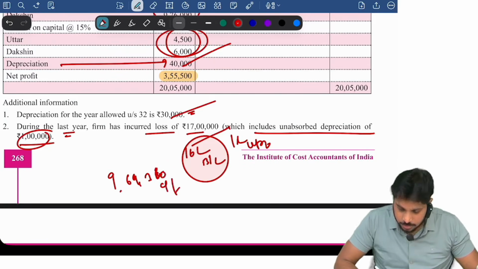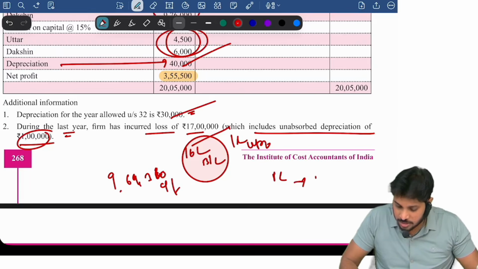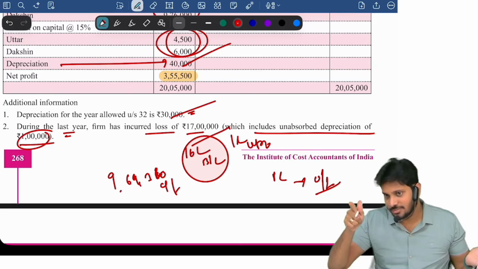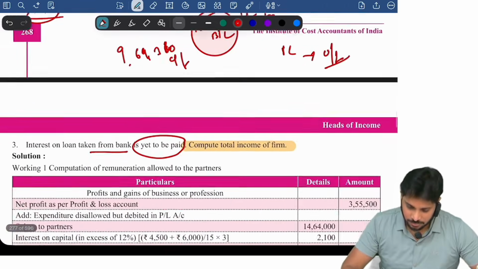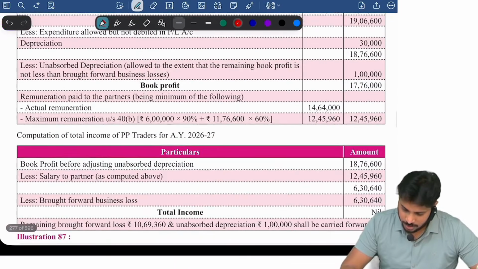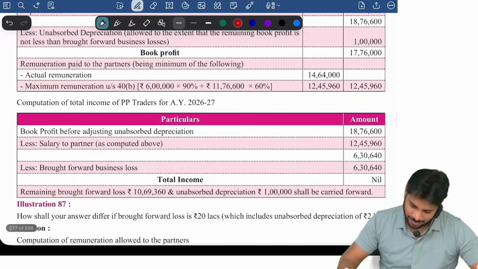Yes or no? Whereas 1 lakh unabsorbed depreciation will be again carry forwarded, because this year profits are not sufficient. That's it. Able to understand? All of you? Fantastic.